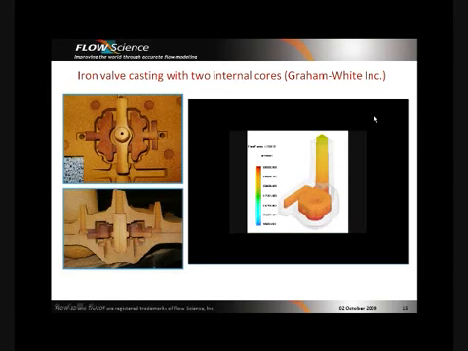I'll play this animation again. What we're seeing here is the pressure contours, higher pressure being in the sprue head here, where the cavity is being filled along with the cores.